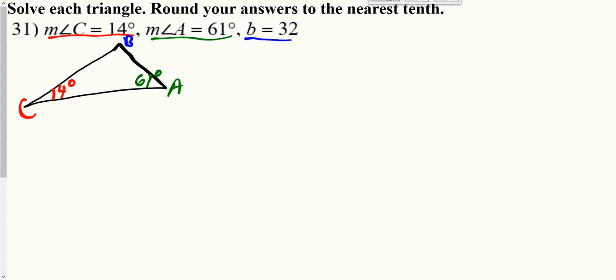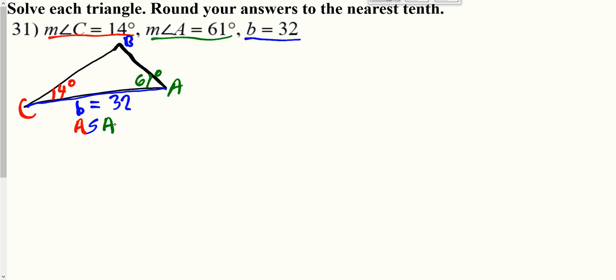So therefore, side B would have to be opposite of that, so this down here would be side B. You'll notice I have a side in between my two angles. It is not a side-side-angle situation, so I don't have to be concerned about the number of triangles. I can just go ahead and use the law of sines and work this out.